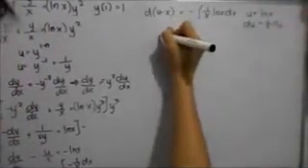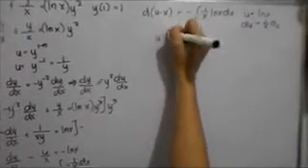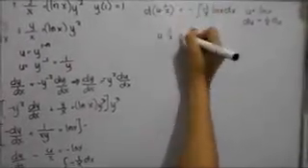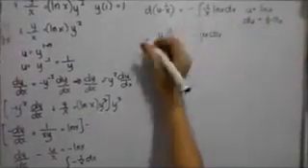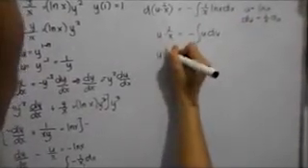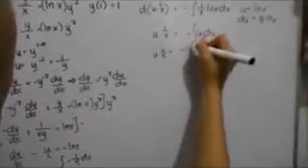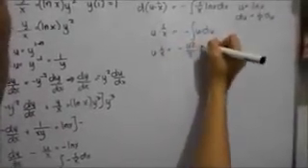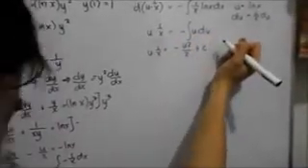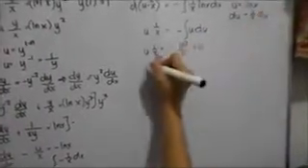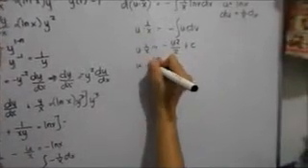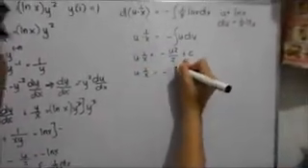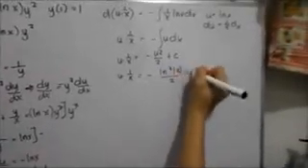So u times 1 over x is equal to negative the integral of u du. So u times 1 over x is equal to negative u squared over 2 plus c. Since u is equal to ln of x, substitute it. So u over x equals negative ln square x over 2 plus c.